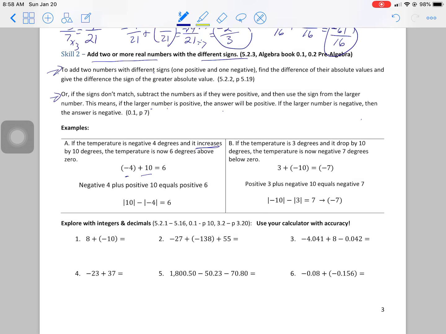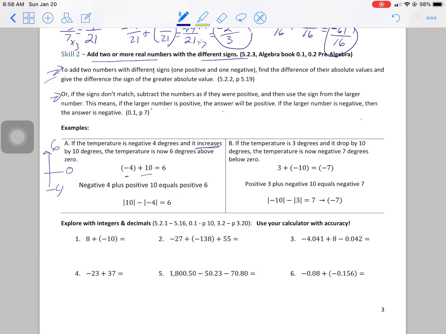So you can go, actually some people go 10 minus 4. However you want to, some people do a visual kind of thing. We're down here at a negative 4, and then we go up 10 to a 6. Okay, there's a 6 difference in the spacing there.